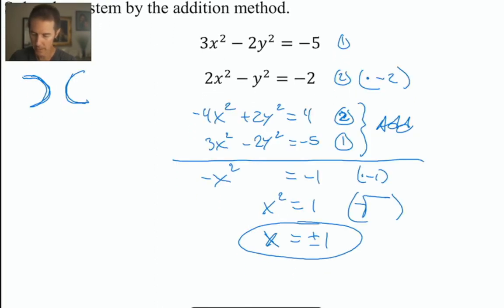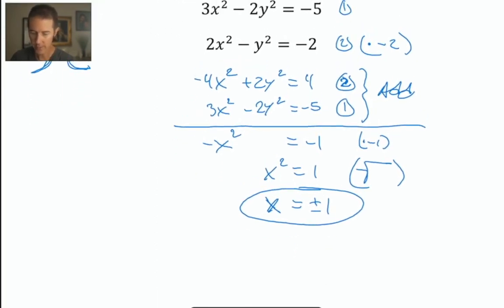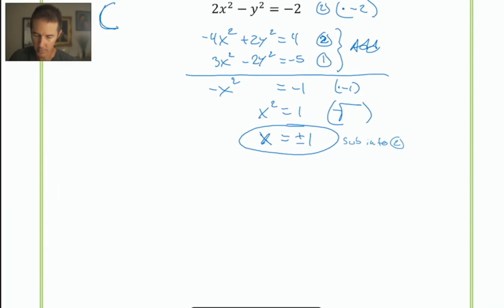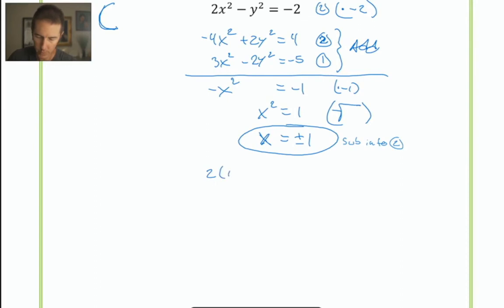Okay, let's take our x values and plug them into, I don't know, equation number 2. It doesn't matter, you can plug them into whichever equation you want. Let's try to keep this all on the screen. There we go. So going for our x value of positive 1, we've got 2 times 1 squared minus y squared equals negative 2.